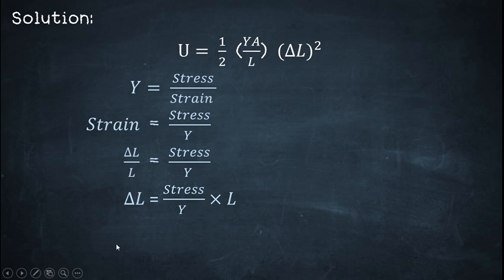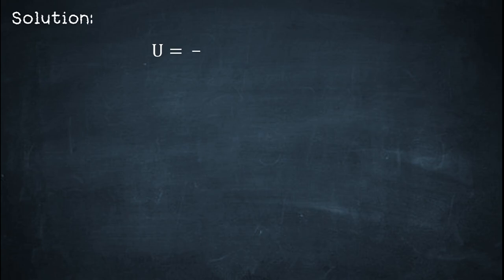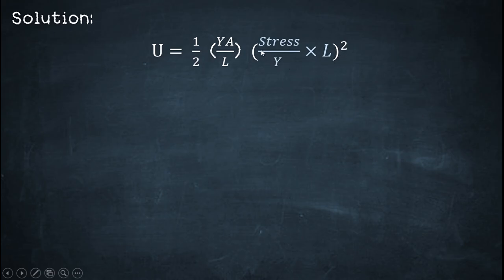So putting the values, we will obtain U as 1/2 YA by L, and in place of del L, we are writing the formula just determined, that is stress divided by Y multiplied by L. I have written this formula over here because I really want to simplify it instead of substituting all the values earlier and then again in this formula.